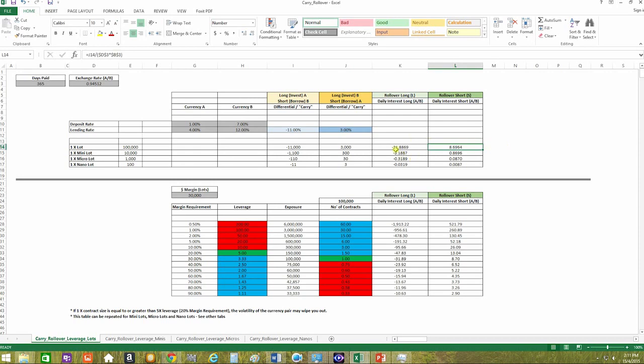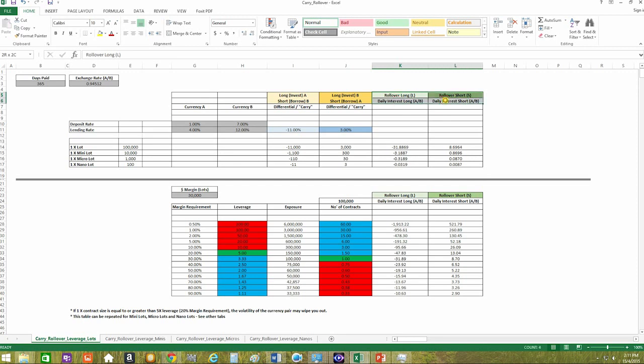And this daily debit or credit measurement is called rollover. It's the daily rollover that you either pay out or receive to your trading account. And we've worked it out here for the various trading sizes.